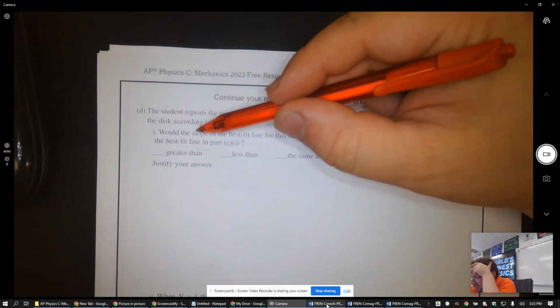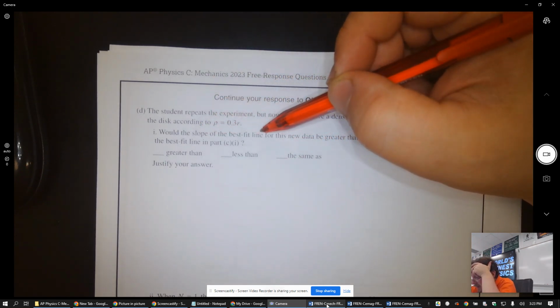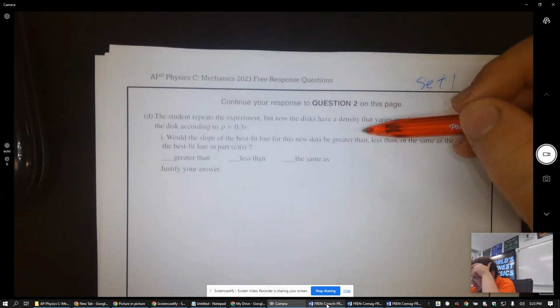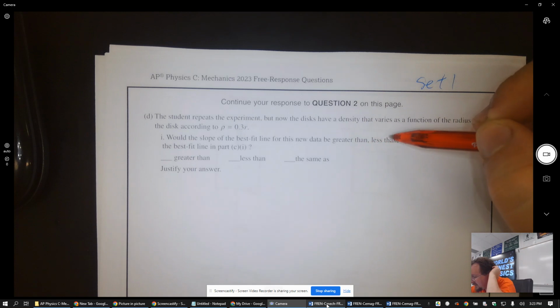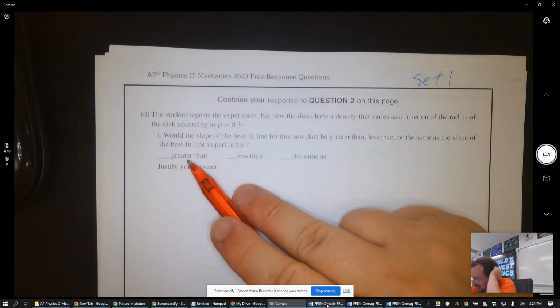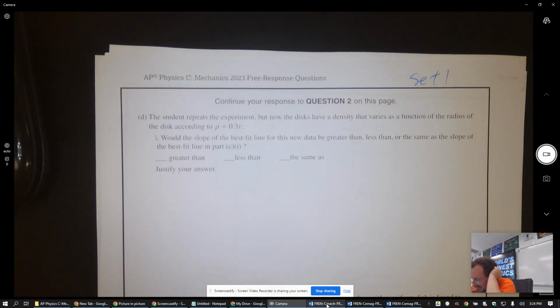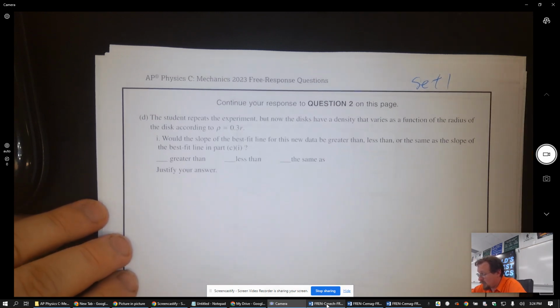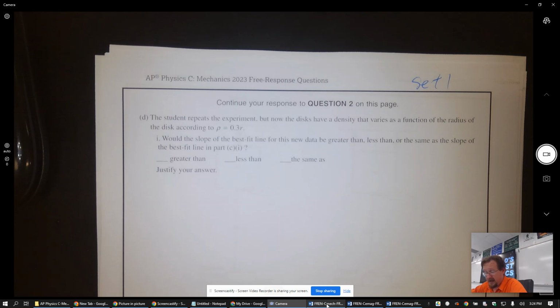All right. Would the slope of the best fit line for this new data be greater than, less than, or the same as the slope of the best fit line in part C? All right, I'm not going to lie to you, folks. I don't really know that I can answer that without taking an integral.